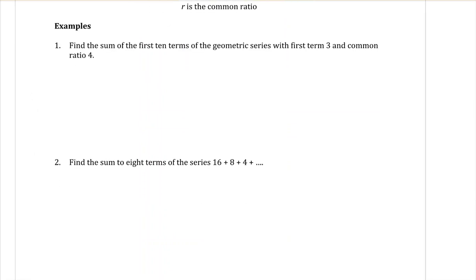Number 1. Find the sum of the first 10 terms of a geometric series with the first term 3 and the common ratio 4. So let's write down on the side here, the first term, A, is 3. The ratio is equal to 4. And I want the sum of the first 10 terms, so n is equal to 10.